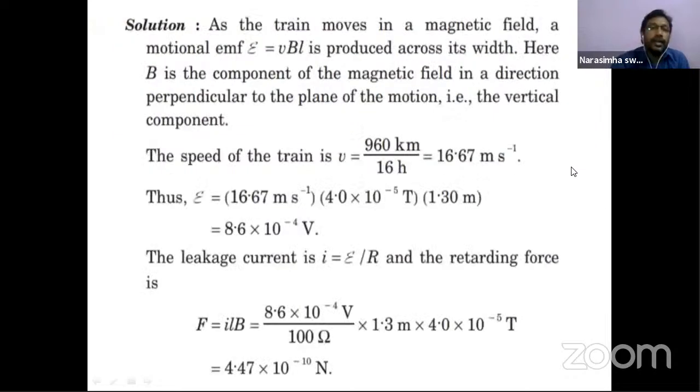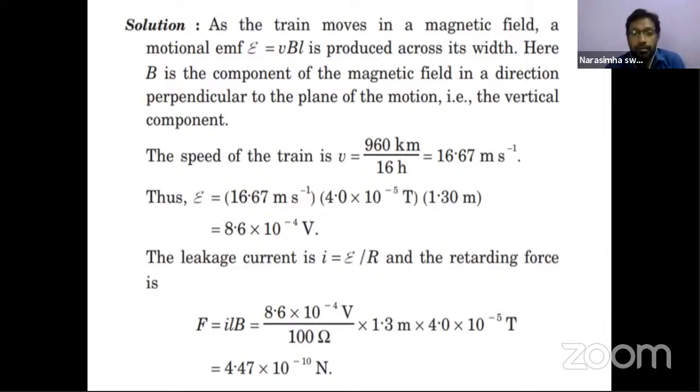The solution: as the train moves in the magnetic field, remember, this principle is the one used in magnetic trains or bullet trains. So here the train moves in the magnetic field, and a motional EMF, BVL, is produced across its width, right?